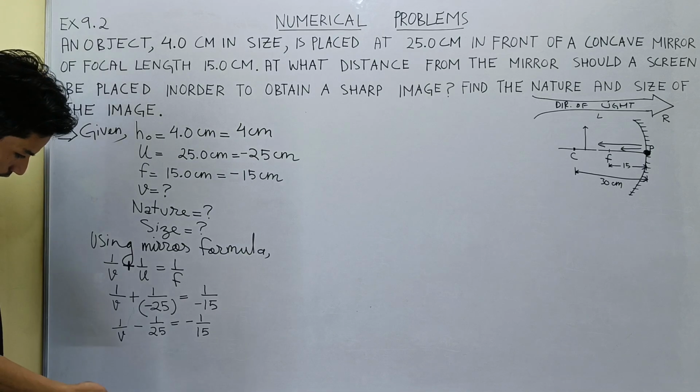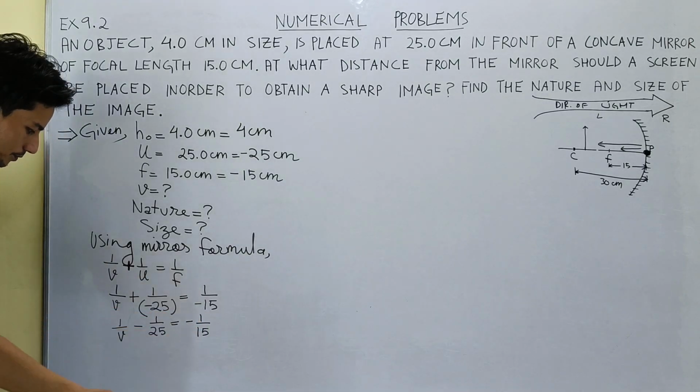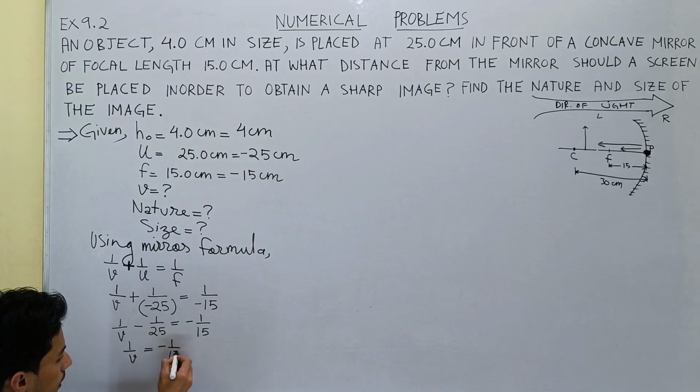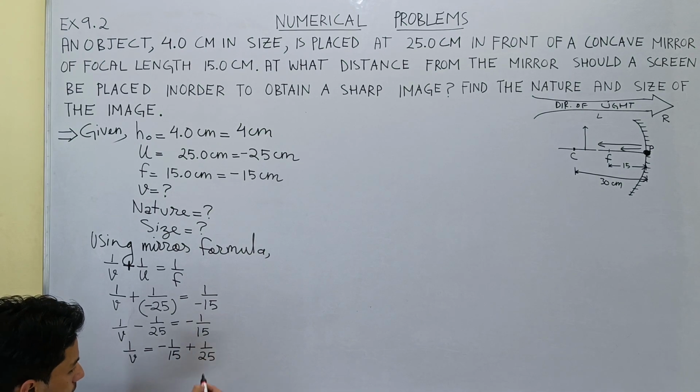Next, we will send this here. Minus 1 by 15 was there from before, let it be there. Minus 1 by 25 comes here and becomes positive 1 by 25.